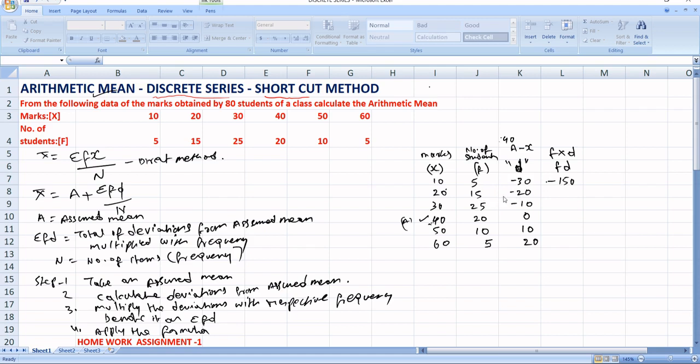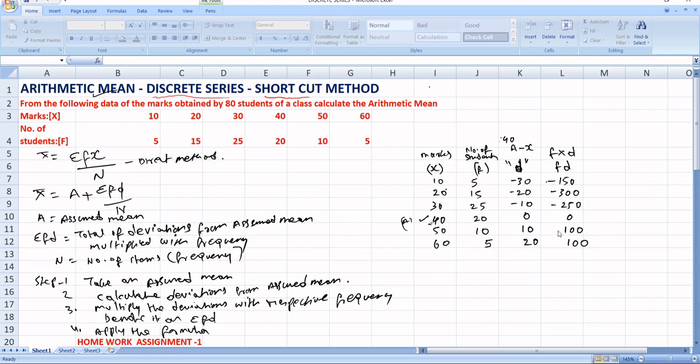And 15 2s are 30, that is minus 300. 25 into 10 is equal to minus 250. 20 into 0 is equal to 0. 10 into 10 is equal to 100. And 5 into 20 is equal to 100.